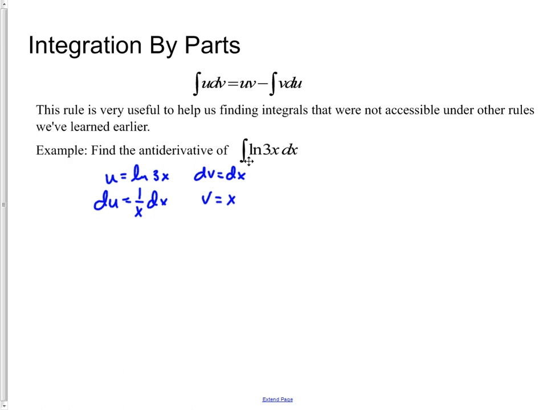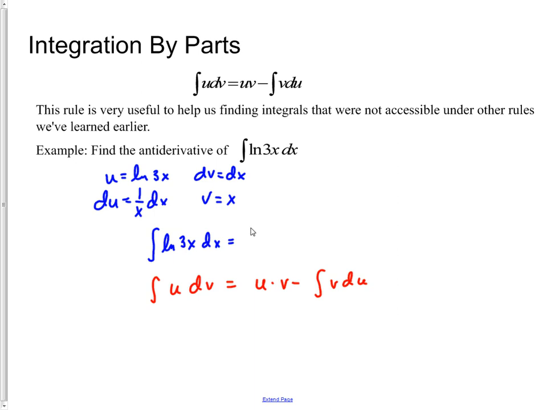So, if we're using our rule, we can compare. If we say we have an integral of the natural log of 3x times dx, it's going to be u times v. Let's go with the rule right here so we see it in action, right? We've got u dv. Its integral is going to be u times v minus the integral of v du.